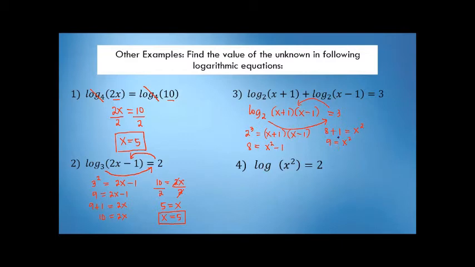Then, i-transpose natin yung 9. 0 is equals to x squared minus 9. Then, i-factor natin yung x squared minus 9. That is x plus 3 times x minus 3.